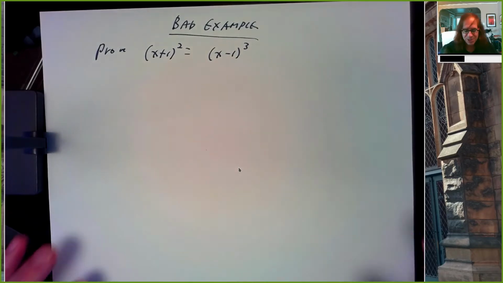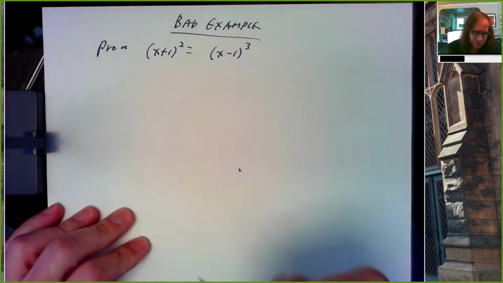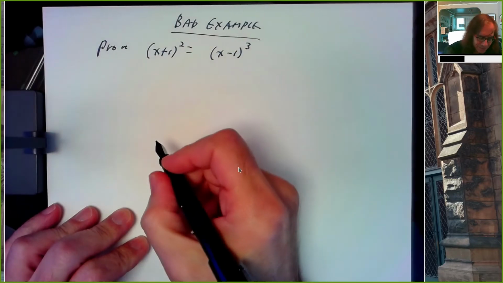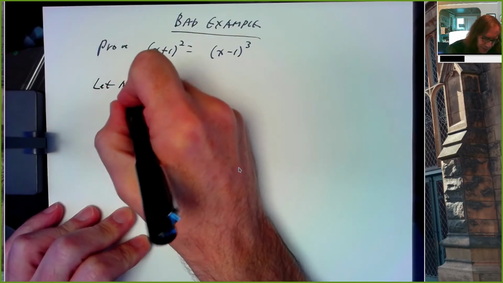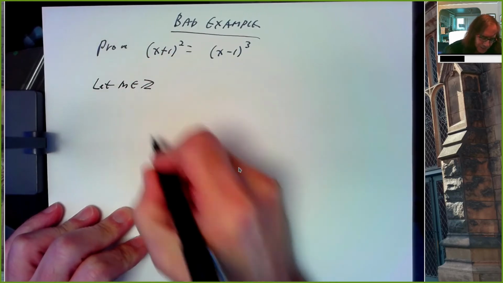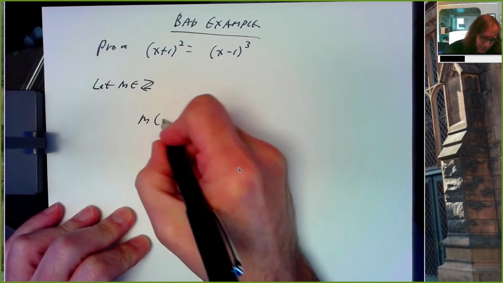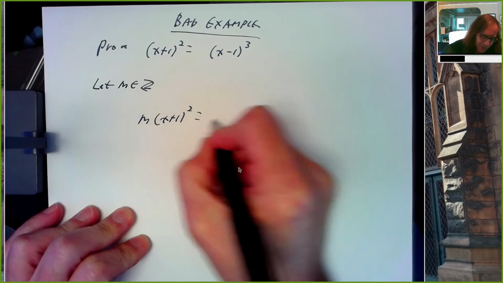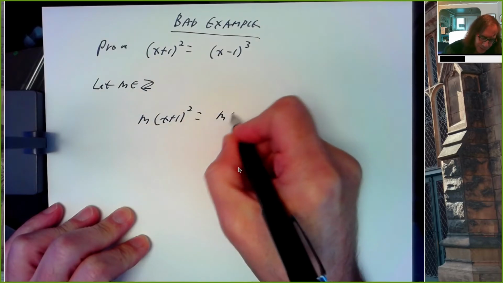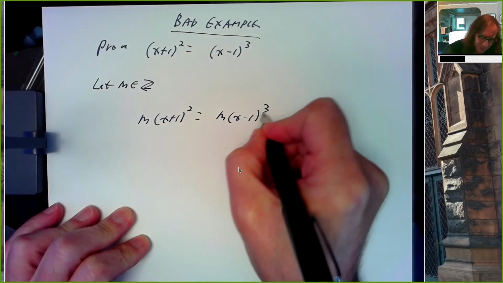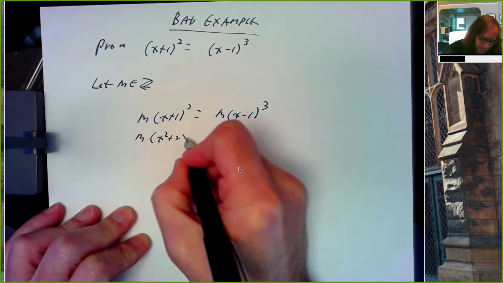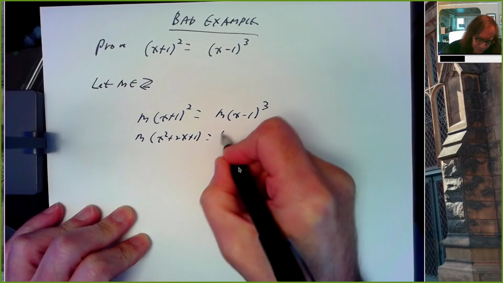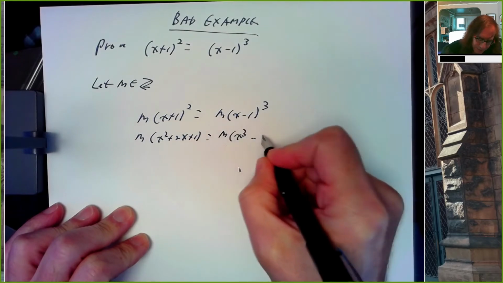But let me show you what I'll see from students typically on exams. So let m be an integer. m times x plus 1 squared equals m times x minus 1 cubed. And then maybe we'll do some fancy algebra.